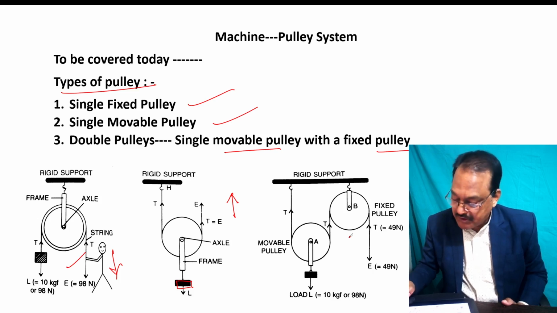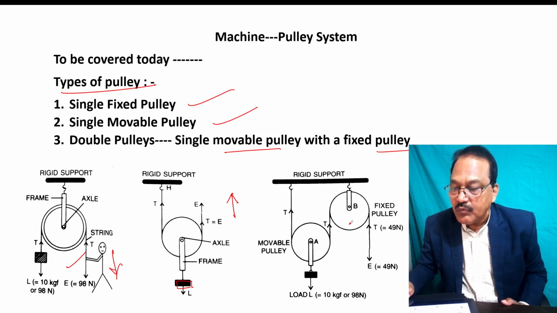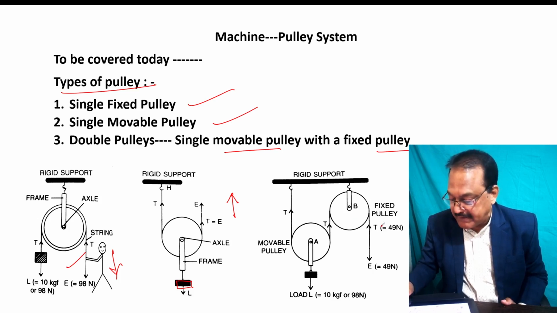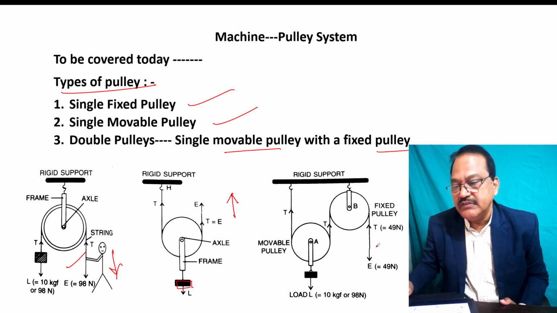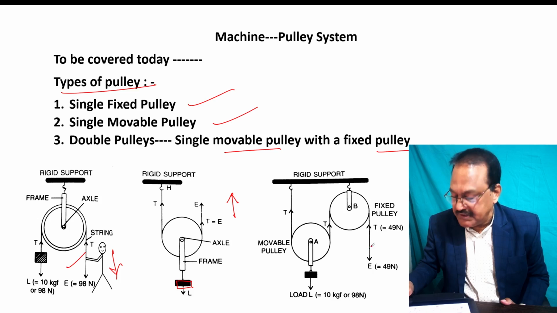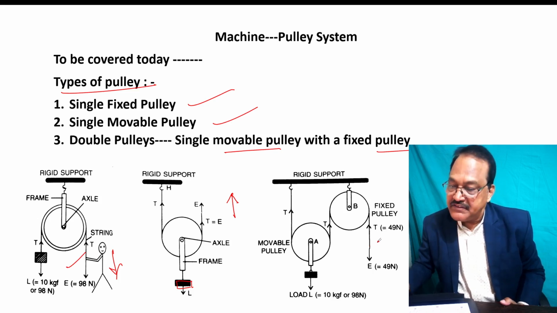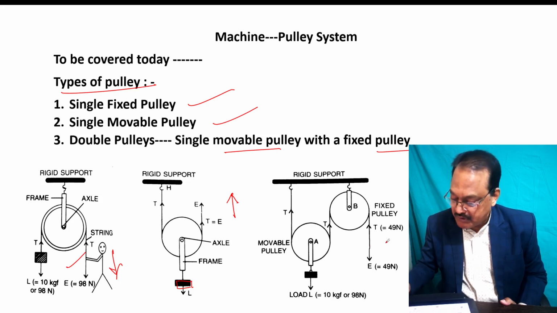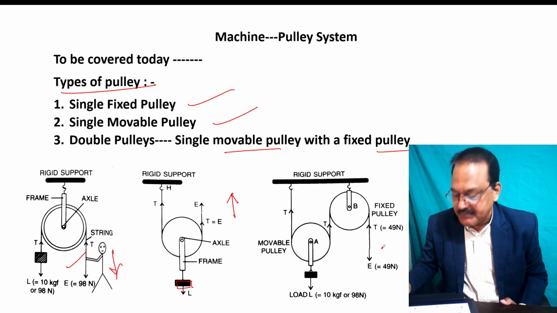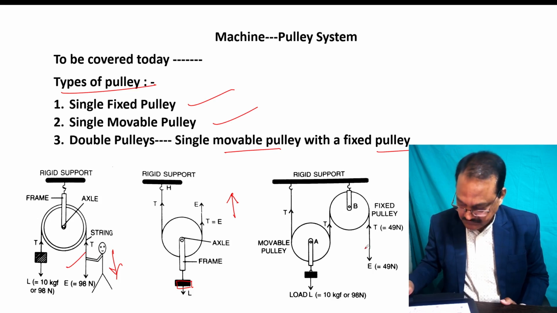With the use of one additional pulley, that is the fixed pulley, along with the movable pulley, we can change the direction of the applied effort, which is very comfortable for using this machine. And this is also desired. We want to apply this force in downward direction, which is always comfortable. Correct?